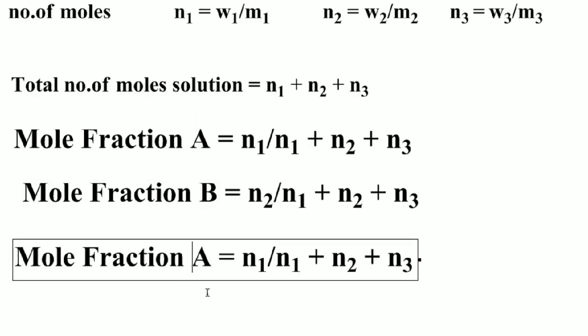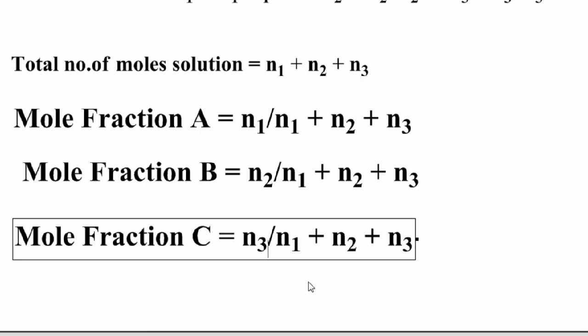Similarly, mole fraction of component C is equal to the number of moles of component C by the total number of moles, that is N3 by N1 plus N2 plus N3.